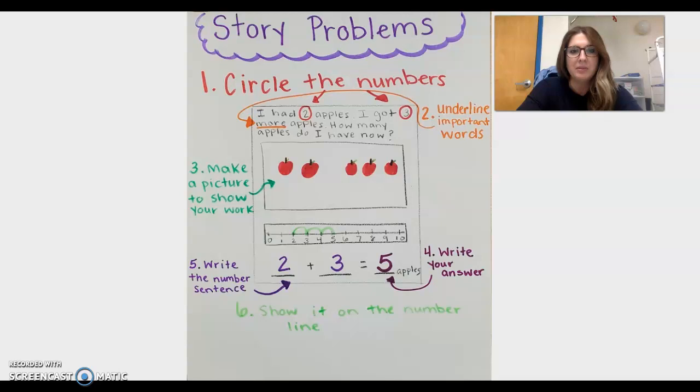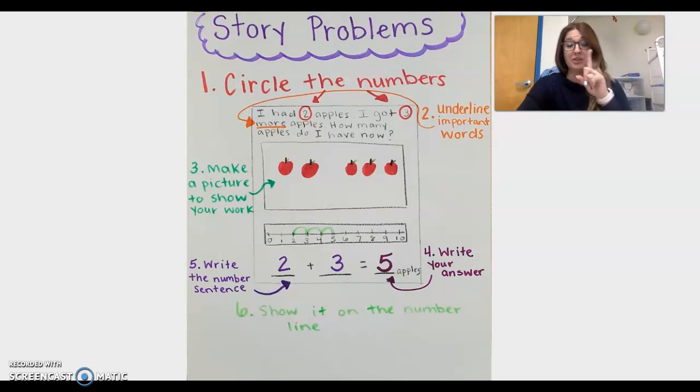The story problem reads, I had 2 apples. I got 3 more apples. How many apples do I have now? Now, there's some strategies that we have to use while we are reading story problems, because a lot of times we can get wrapped up in the story and reading it that we're not really looking for the pieces of math that we need.